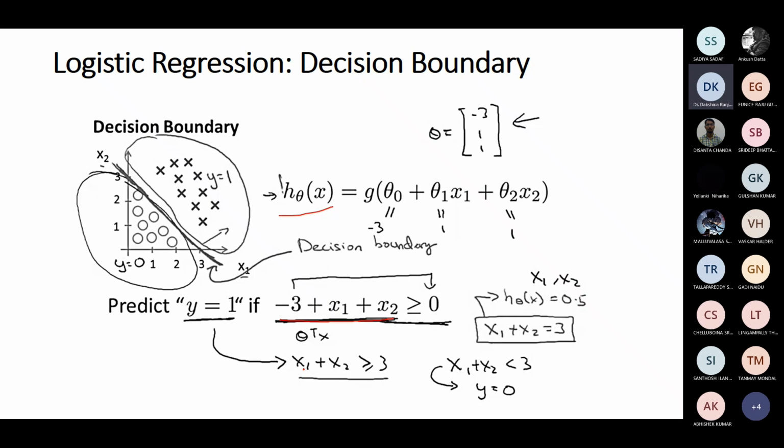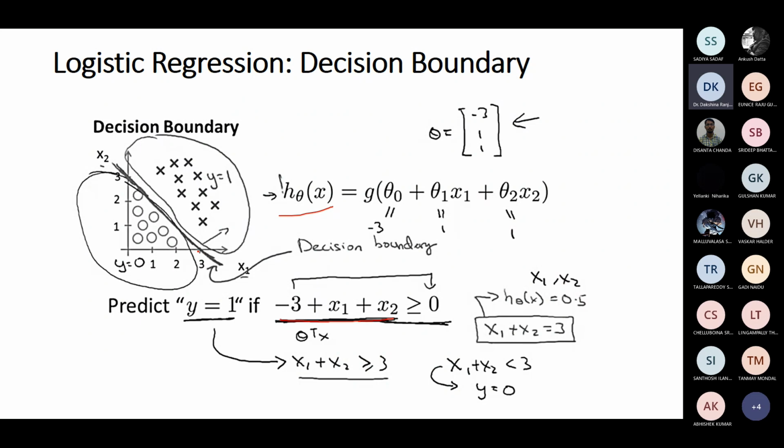Now if we take this minus 3 to the right hand side of this relation, we get x1 plus x2 greater than or equal to 3. That means when we predict y for this relation, the decision boundary will be a straight line that connects these 2 points.